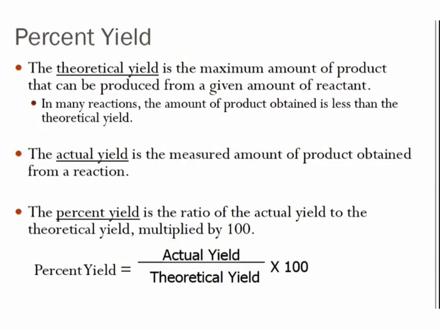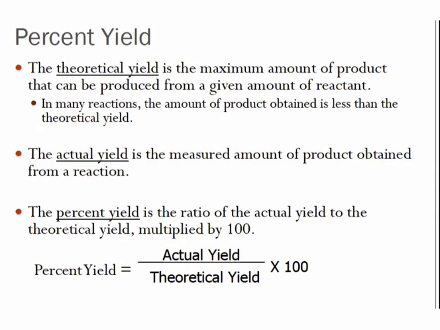Or, like you'll see in your homework, you are going to be required to find out what your theoretical is after being given what you actually got in the lab, and then solve for that. So there are lots of ways this can be asked of you. I can say, hey, your percent yield was 86%, and your theoretical yield was this.